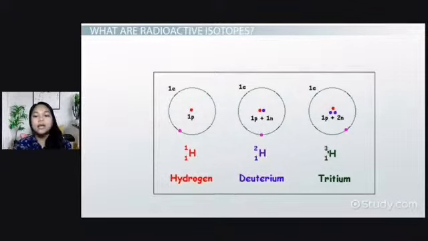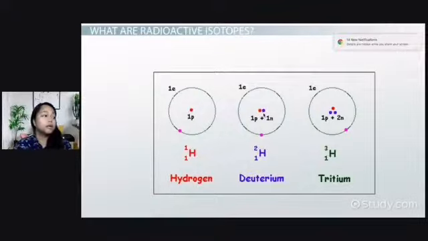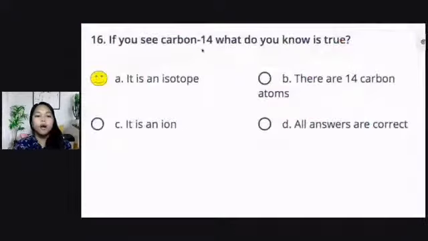Kaya siya naging 3 dito because your atomic mass is number of protons plus number of neutrons. So 1 plus 2 would be 3. Okay, dito hydrogen with atomic mass of 2 siya because that's 1 proton plus 1 neutron. So this would be hydrogen 2. Hydrogen 1 and hydrogen 3. Okay, so again, if you are looking at your carbon 14, that means it is an isotope.